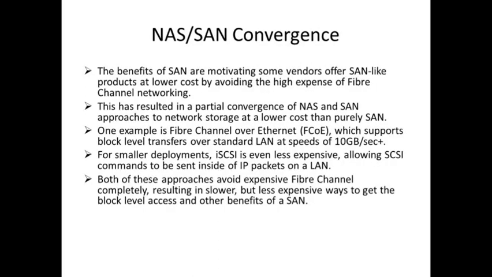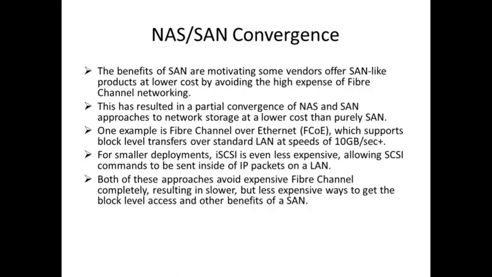NAS and SAN convergence. The benefits of SAN are motivating. Some vendors offer SAN-like products at lower cost by avoiding the high expense of fiber channel networking. This has resulted in a partial convergence of NAS and SAN approaches to network storage at a lower cost than purely SAN. One example is fiber channel over Ethernet, which supports block level transfer over standard LAN at speed of 10 GB per second plus.